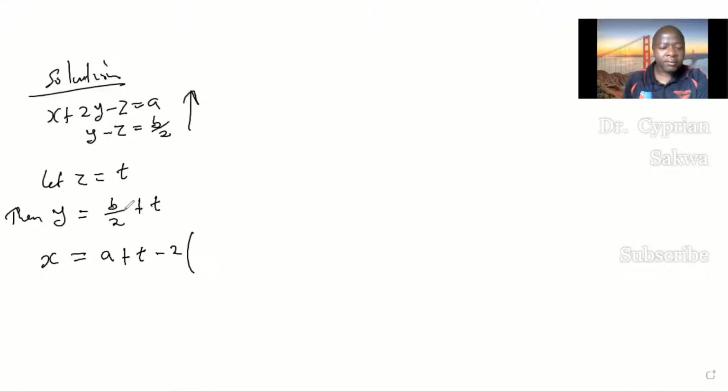But y is b out of 2 plus t. So let's open the brackets and collect like terms. I can see a here. If negative 2 is multiplied inside, I would have negative b, and t minus 2t, which would be negative t.